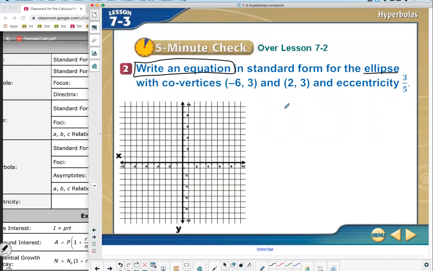And just like last problem, it's a parenthesis being squared, or quantity squared, you could call it, over a squared, plus another quantity being squared, divided by b squared equals 1. Quantity is another way in math of just saying parentheses squared. Quantity squared, parentheses squared, equivalent to one another.